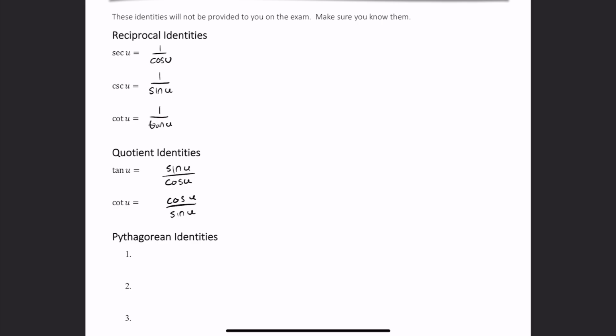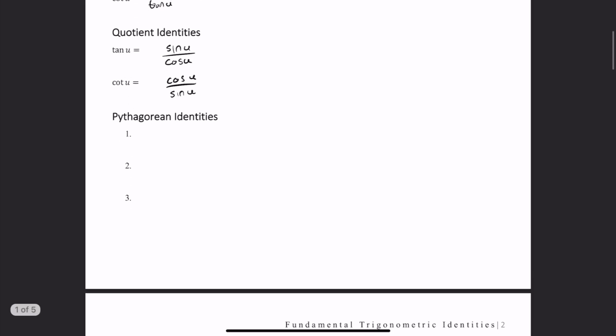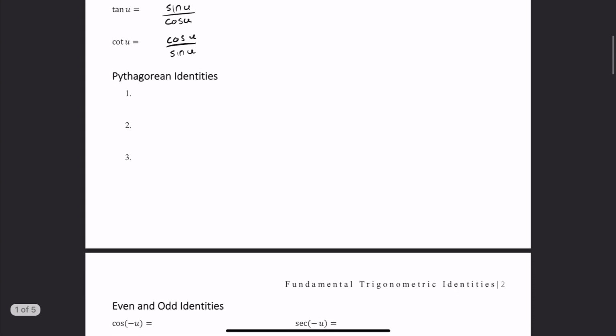Now, the Pythagorean identities. These are some identities that are super important, and you'll be using them throughout your trigonometry class. So these are important to memorize. Okay, so our first one is cosine squared theta plus sine squared theta is equal to 1.